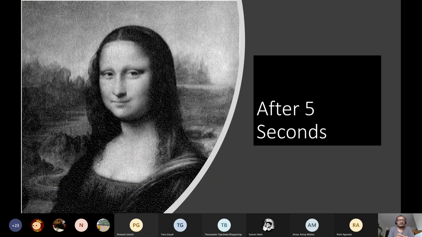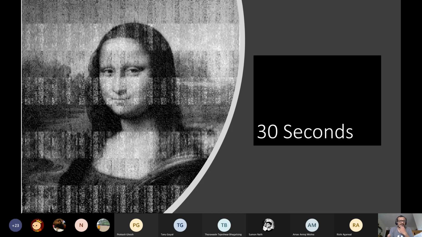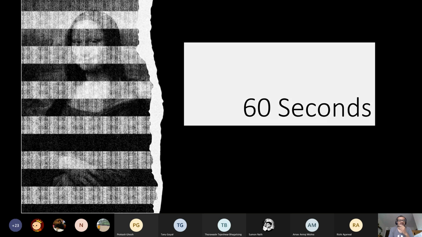So this is actually an attack that was done on a real machine, and this is the outcome. Even after 5 seconds, the content of a particular image, which was on DRAM during the process of freezing, you will be able to retrieve almost completely. After 30 seconds, it fades away a bit, but still good enough.